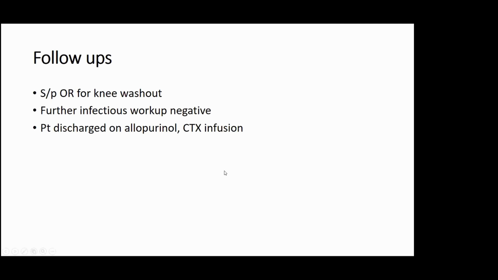So initially, why we're not that concerned about septic joints? One is the joint pain is actually on the other side of the prior cellulitis. The cellulitis was on the left foot, and then the joint pain was in the right knee.